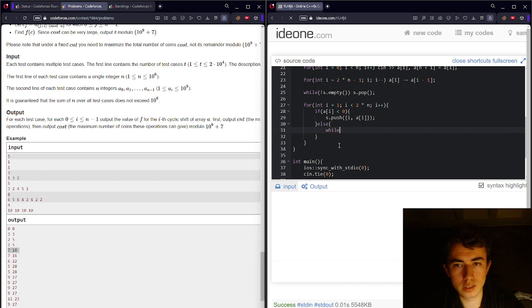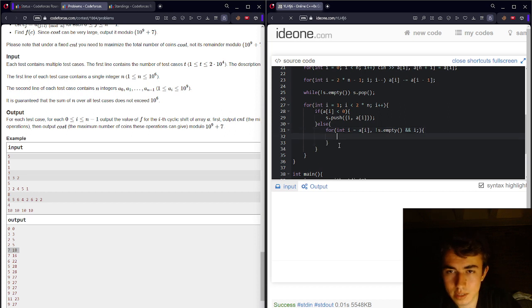It's not empty. Alright, int x equal min of s dot top.